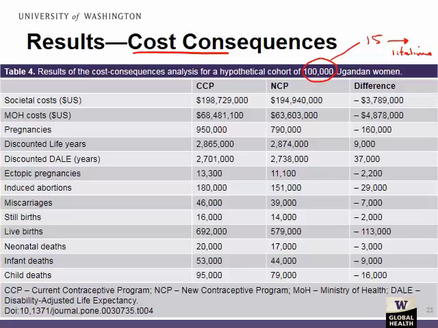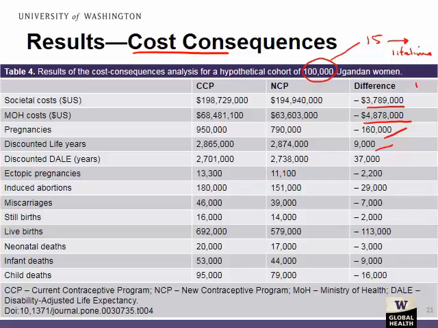If you look at the difference column, it would reduce costs by nearly $4 million. It would reduce costs to the government by nearly $5 million. Pregnancies would reduce by 160,000. It would increase discounted life years by 9,000, and you can go through and look at different outcomes.